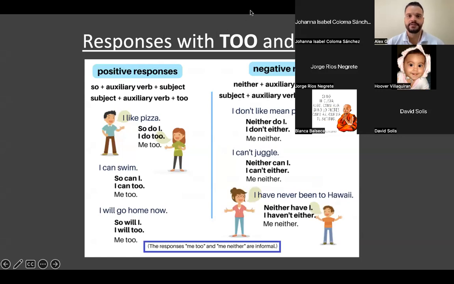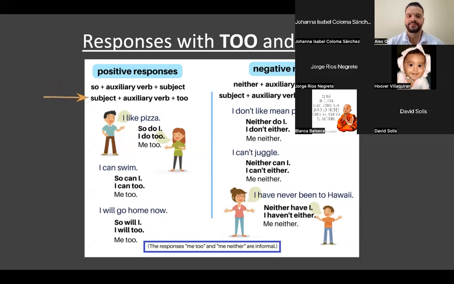Blanca, can you please read the positive responses with so and too? So plus auxiliary verb plus subject.